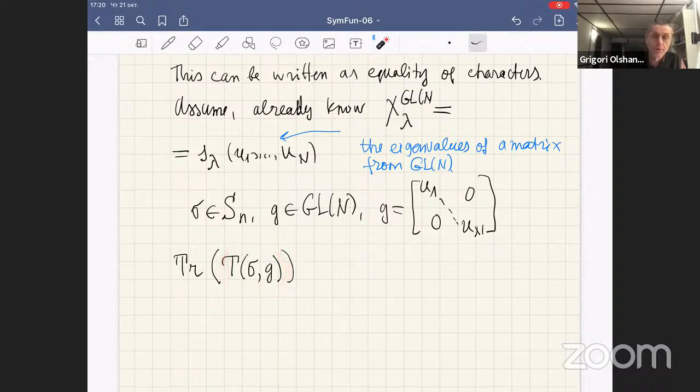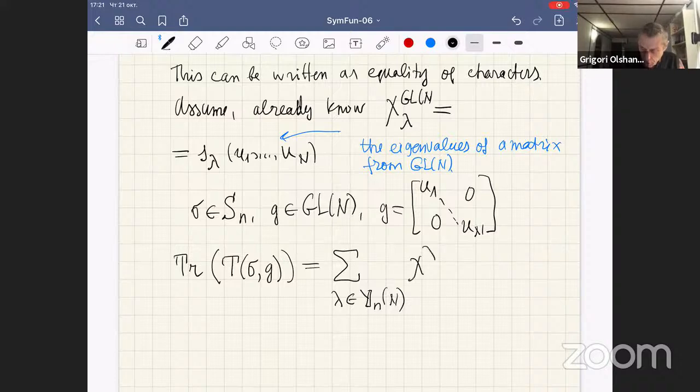This is a certain operator on the tensor space. But on the other hand, by the Schur-Weyl duality, it is the same as the product of a character. These are bad notations.